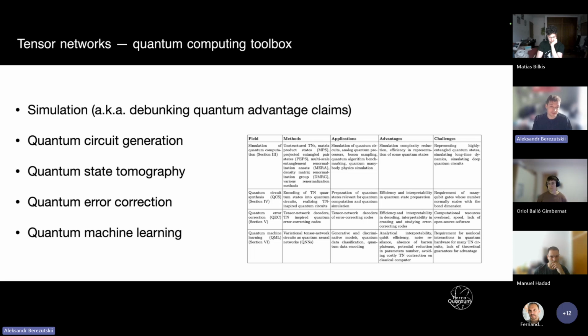So first of all, to name the things where tensor networks are used: first comes simulation, and I think this is maybe the most important role, where people use tensor networks for simulating quantum circuits, and naturally your quantum circuit is a tensor network.